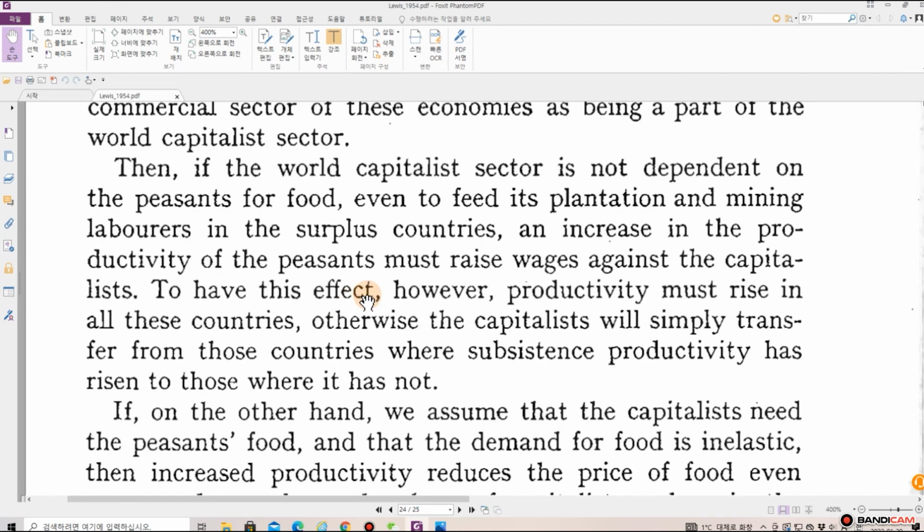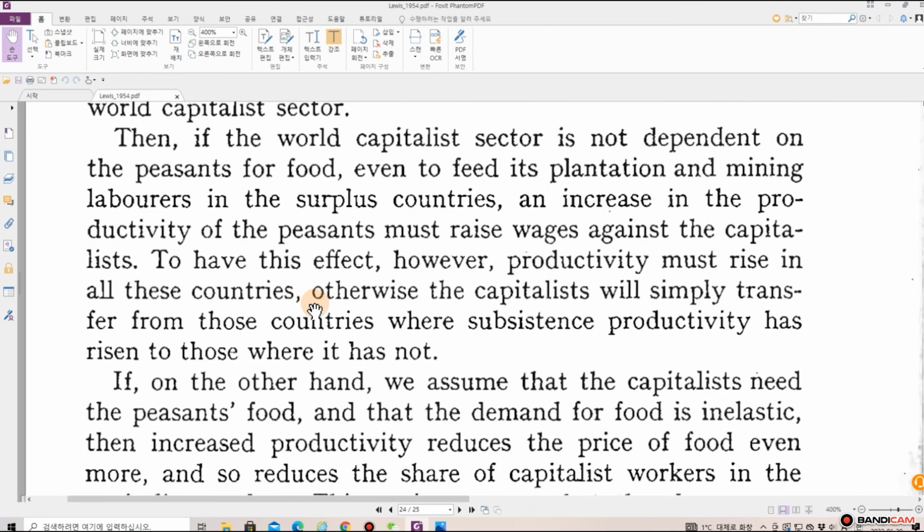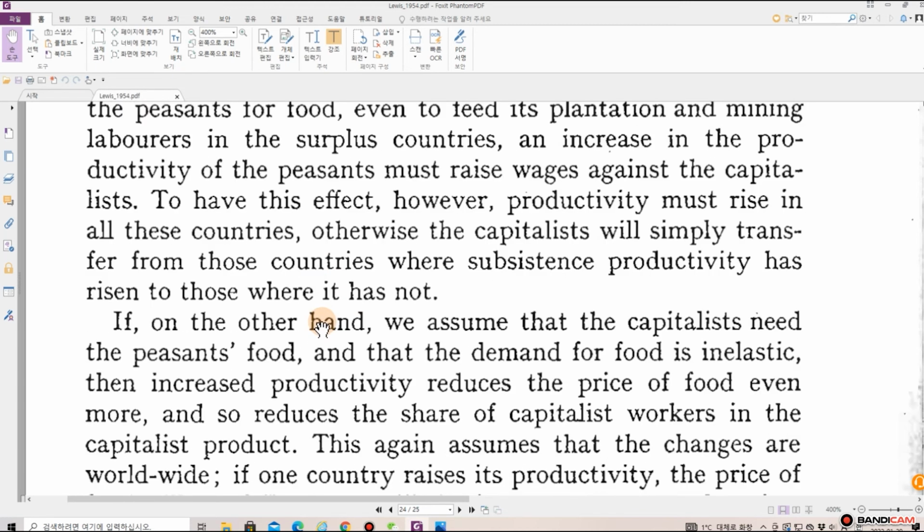Then, if the world capitalist sector is not dependent on the peasants for food, even to feed its plantation and mining laborers in the surplus countries, an increase in the productivity of the peasants must raise wages against the capitalists. To have this effect, however, productivity must rise in all these countries. Otherwise, the capitalists will simply transfer from those countries where subsistence productivity has risen to those where it has not.